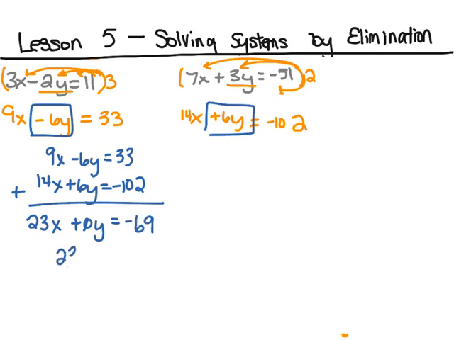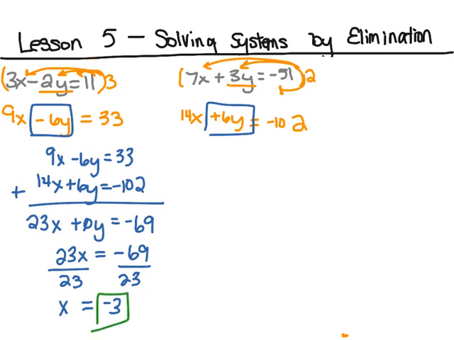Now we'll solve for x, so 23x is equal to negative 69. Divide both sides by 23, and x is equal to negative 3. Now we're going to substitute negative 3 in for x. So this is from 3x minus 2y equals 11.